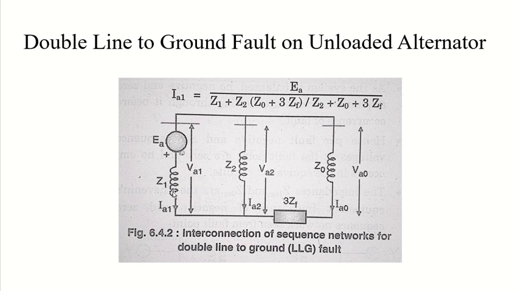And again, as you can see, you have all three components here, Z1, Z2 and Z3. You can see the currents IA1, IA2 and IA0 again, and we have connected IA2 and IA0 with 3ZF, which is my fault current, because it was double line to ground fault, which means my fault was occurring with second and third line, or B and C phase.